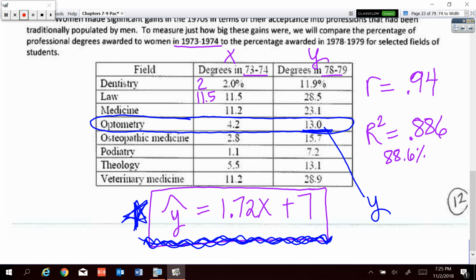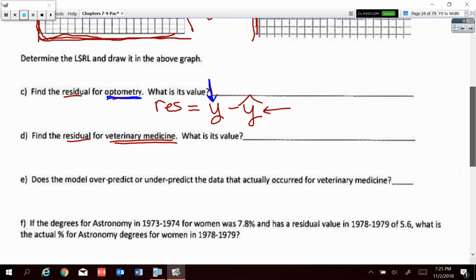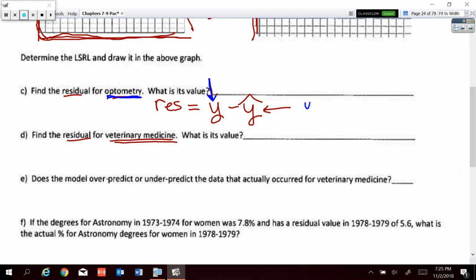For optometry, I want to compute the predicted y. Take its x and plug it into my prediction function of 1.72 times x, 4.2, plus 7. So predicted y is 1.72 times the x value plus 7.